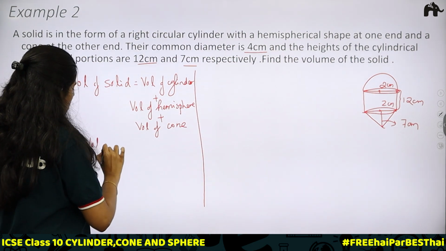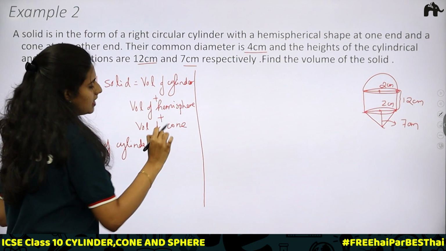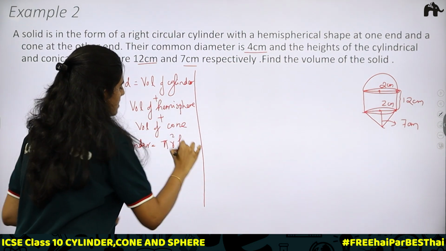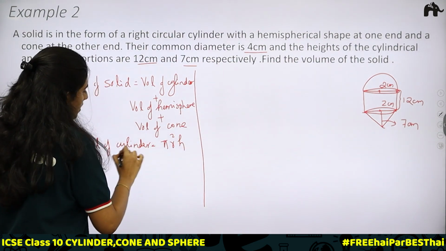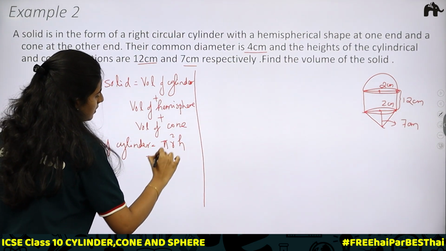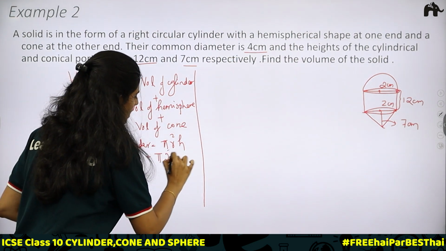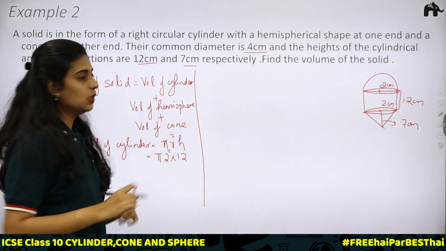Okay, let us separately take each of the shapes. What is the volume of cylinder? Formula to find volume of cylinder? Pi r square h. Here r is the radius and h is the height. Then, in this case, we will be having pi r square, which is 2 square into height. Height is 12. Okay.